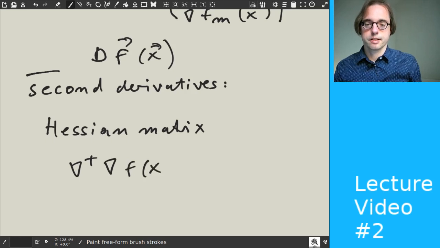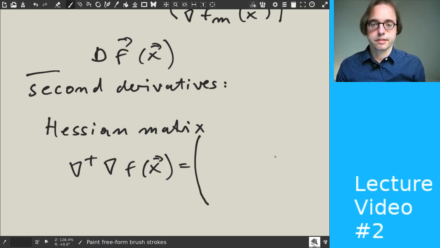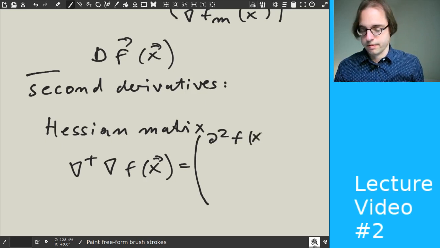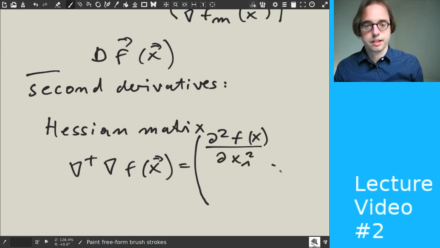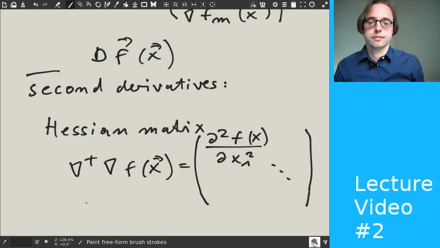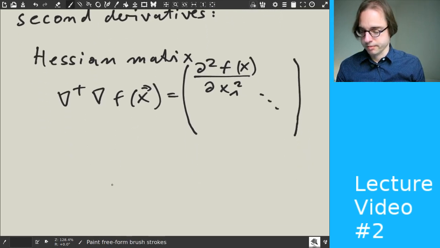So it's the matrix of all second order derivatives, with the second derivative with regard to x one squared and so on. This matrix contains all second order derivatives.